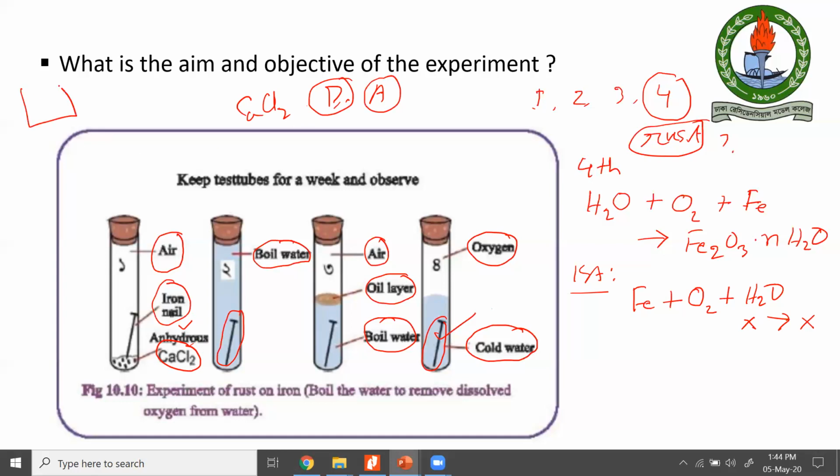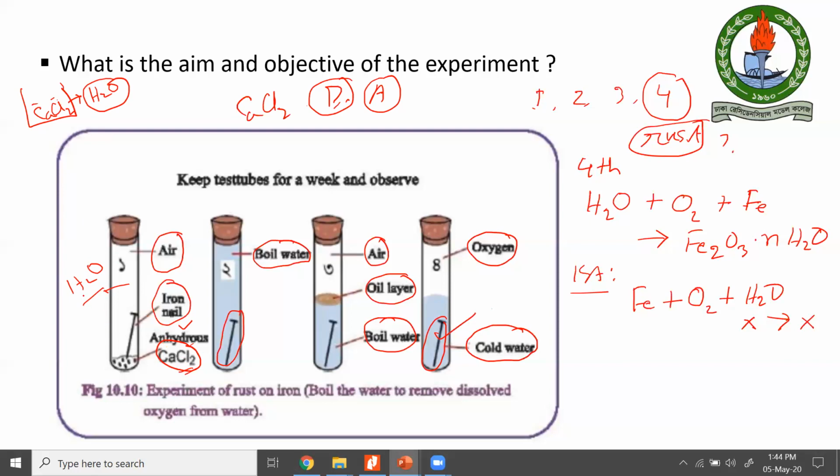In this container, some moisture will be present, but as calcium chloride is present here, it absorbs all the moisture from this test tube. The moisture is totally absorbed by the calcium chloride.